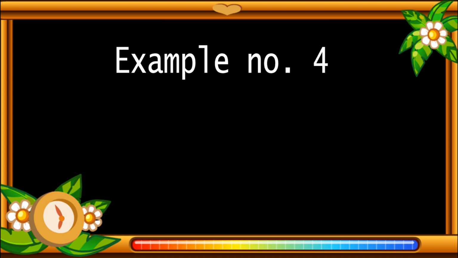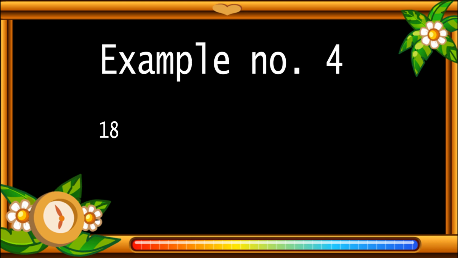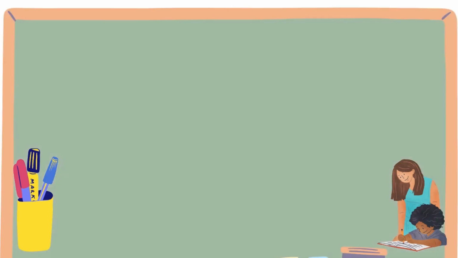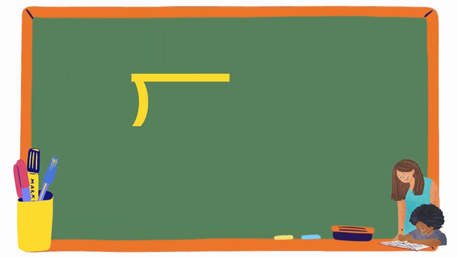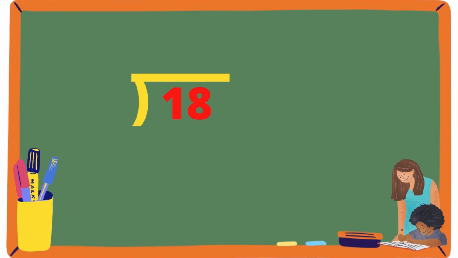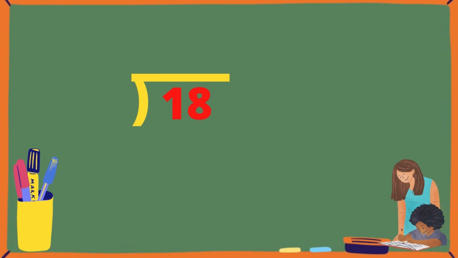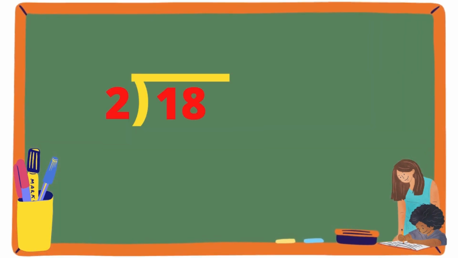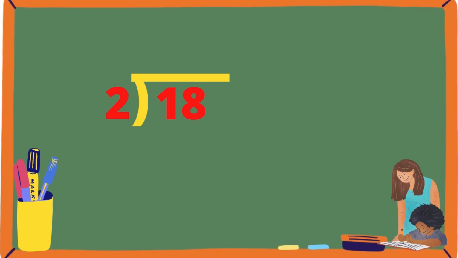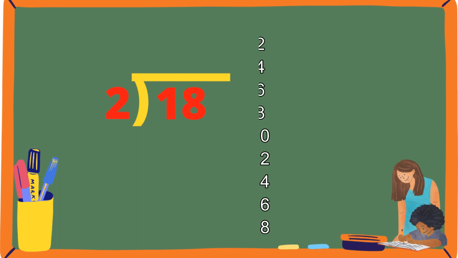Example number 4. 18 divided by 2. It can be written as shown. Write 18 inside the bracket and 2 outside the bracket on the left side. Step 1.